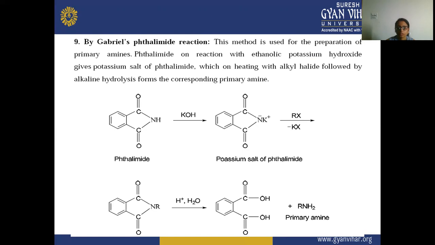Here you can see this is your phthalimide structure, and when it reacts with the ethanolic solution of KOH, that is potassium hydroxide, it forms a potassium salt of phthalimide. After that there is the addition of alkyl halide.